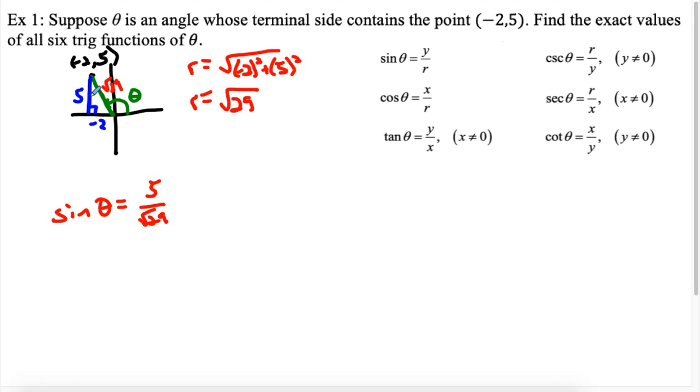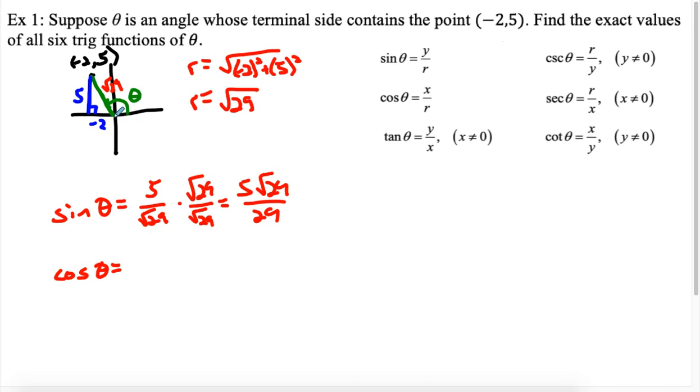Or we could look at our triangle and say, well, the opposite over the hypotenuse would be 5 over the square root of 29. Now we do need to rationalize since we have a square root in the denominator. So multiply top and bottom by the square root of 29, and we'll get 5 times the square root of 29 over 29.